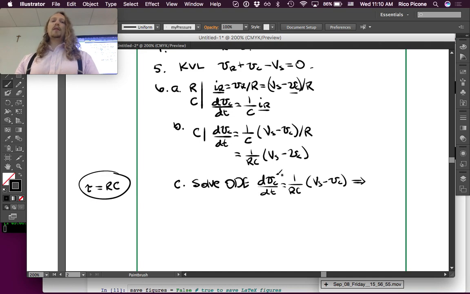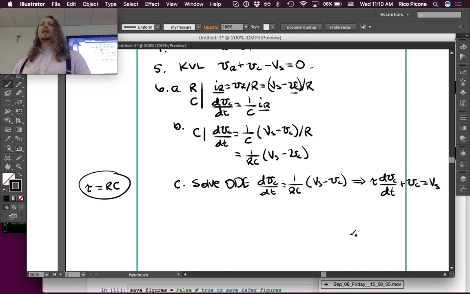So we get tau dVc/dt, and left over on this side is Vs minus Vc, but we're going to add Vc to both sides as well. So we get this expression. Pretty good.